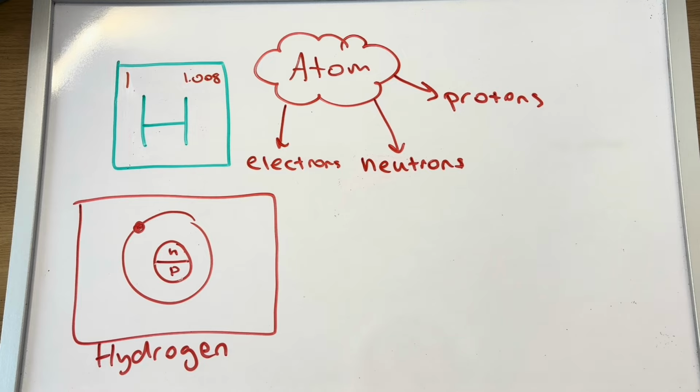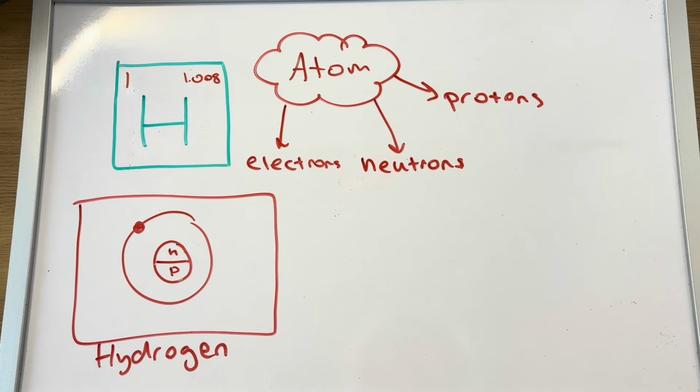If it was stable, it would have two electrons in its orbit, because that's how the atomic structure is. So hydrogen is more or less not satisfied and it's not a stable atom.